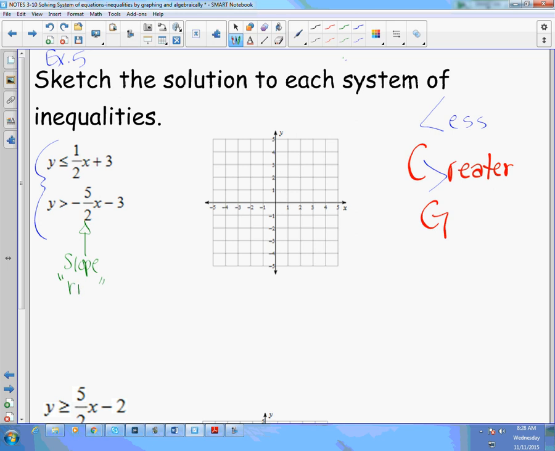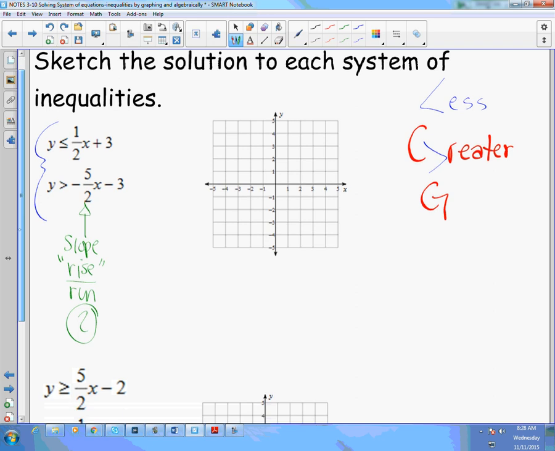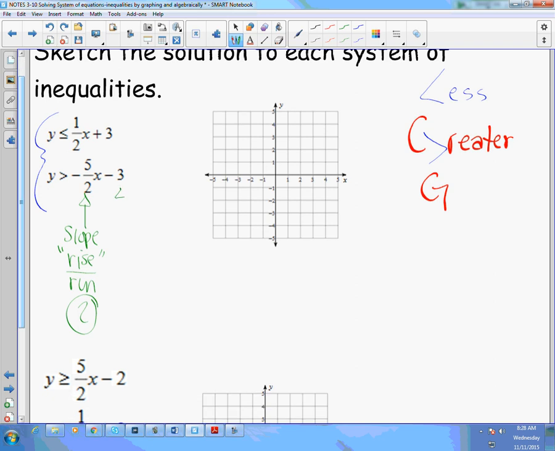That's the second thing we use to graph them. The first thing we use to graph them is the constant. What does the constant represent? The y-intercept. So first you plot the y-intercept, and then from there we use the slope, so you get more points.